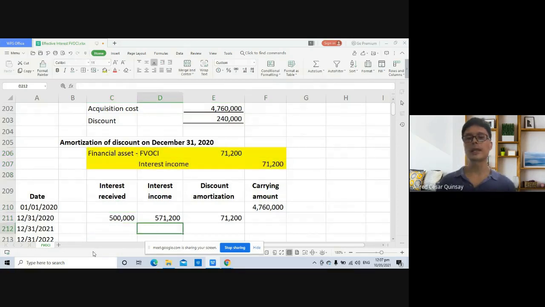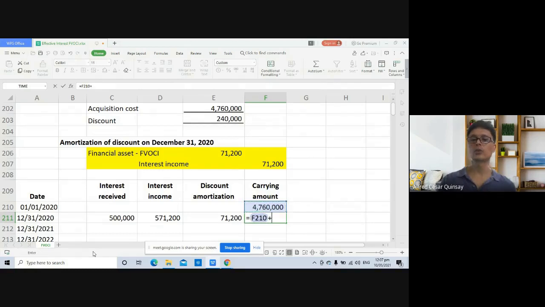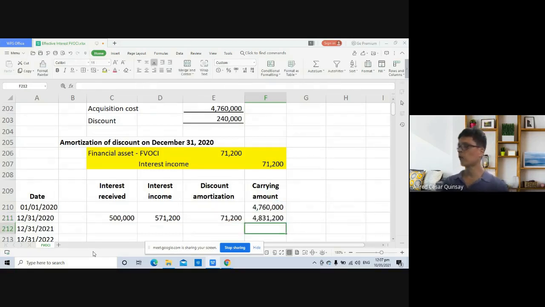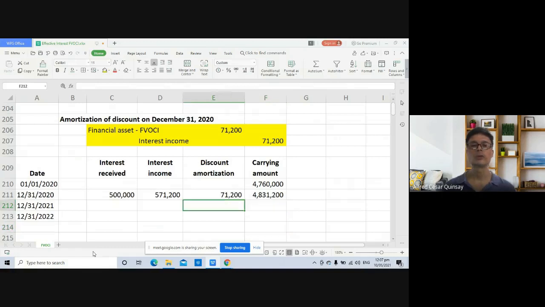Then we get the new carrying amount by adding the discount amortization, so the new carrying amount is 4,831,200. Let's finish this. Again, this is 500,000 as we saw a while ago, that's 5 million times 10%.